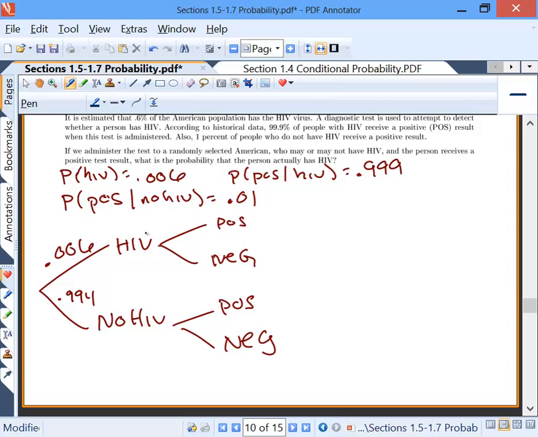If you have HIV, the probability of getting a positive is 0.999, which means the probability of a negative is only 0.001. If you don't have HIV, the probability of a positive is 0.01, so the probability of a negative must be 0.99.